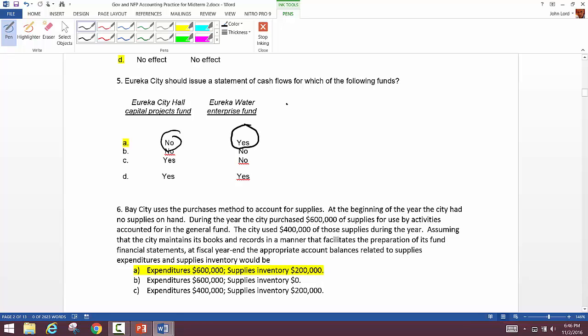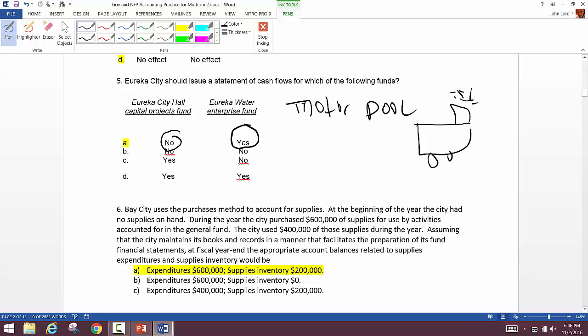What if I decide to add a column over here and I say the motor pool? What type of fund is a motor pool? Who gets brought to the motor pool? It's an internal service fund, right? As we bring, this is a police car.